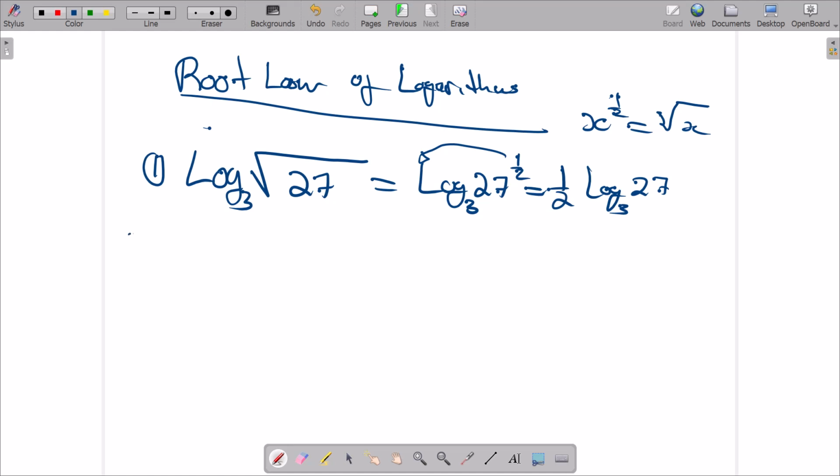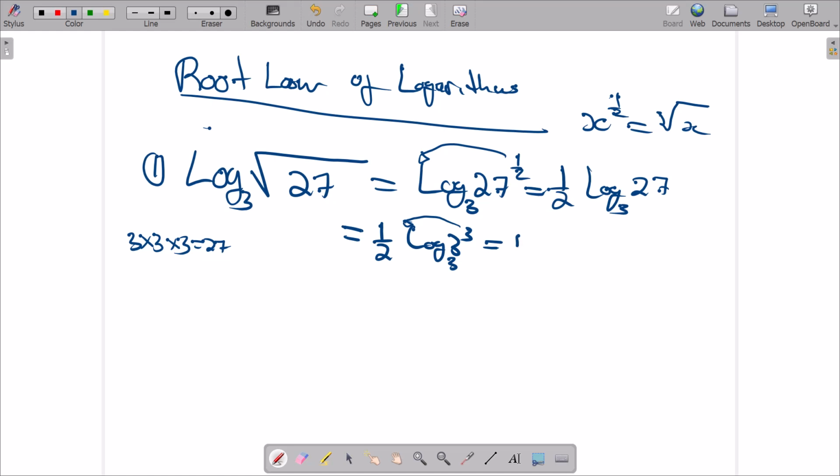Since it is in base 3, it means 3 times 3 times 3, which gives us 27. So we are supposed to write log 3 power 3 base 3. And we do the same. We move this power to the front of the logarithm.